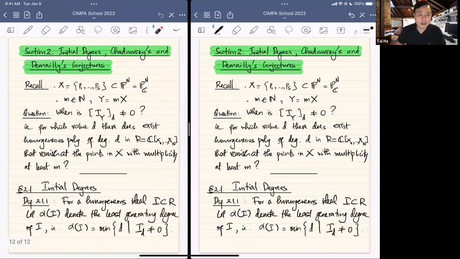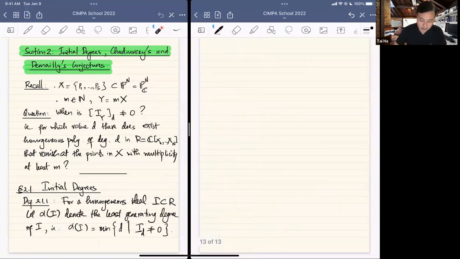The primary object for us is going to be alpha of I of Y.